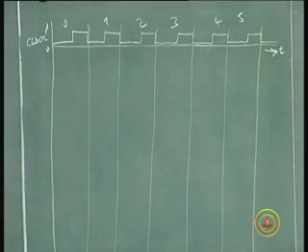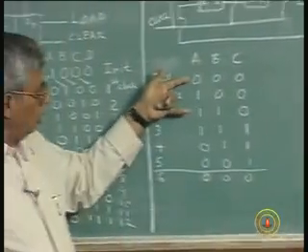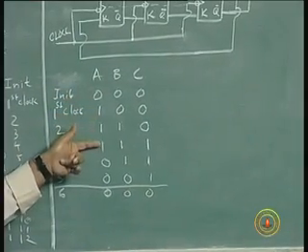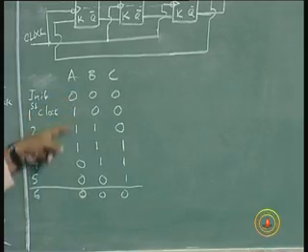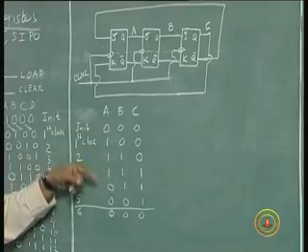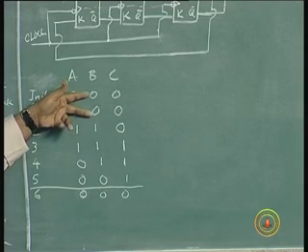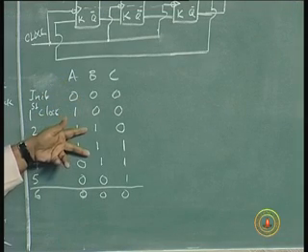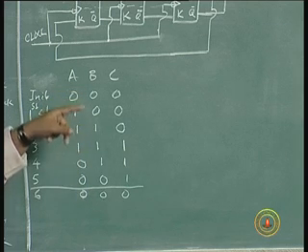Now if you look at this, you can see that initially it will be 0 0 0, then A becomes high for 3 clock pulses and low for 3 clock pulses, high for 3 clock pulses, low for 3 clock pulses, it repeats. Similarly B remains 0 for the first 2 clock pulses, then 1 for 3, then next 3 clock pulses 0, next 3 clock pulses 1 and so forth, it repeats.